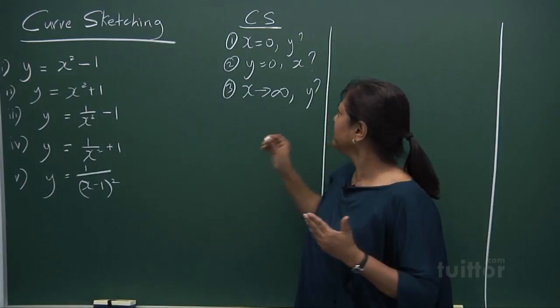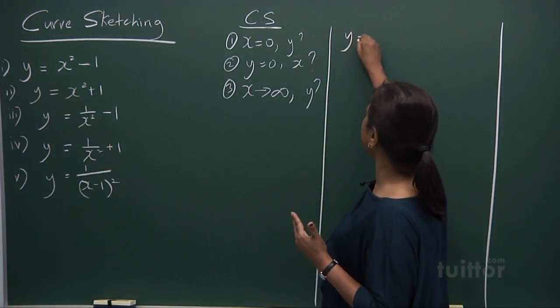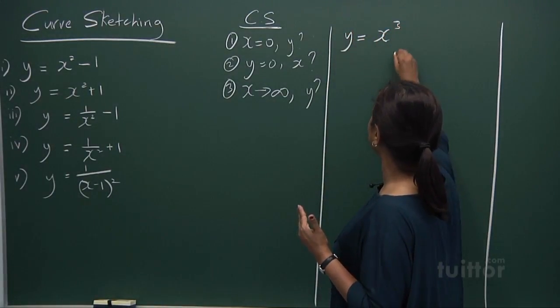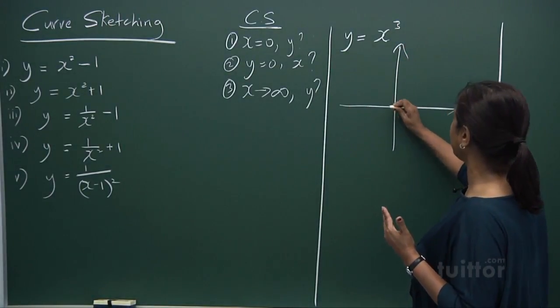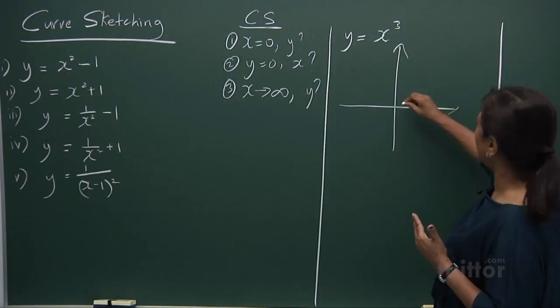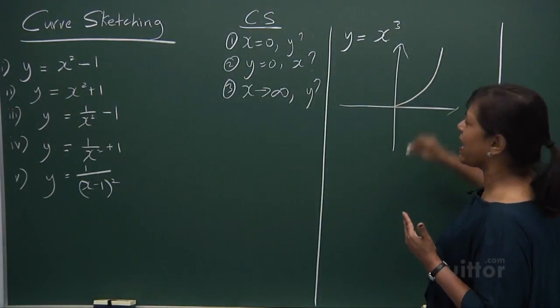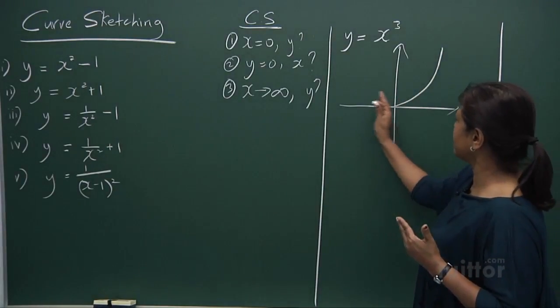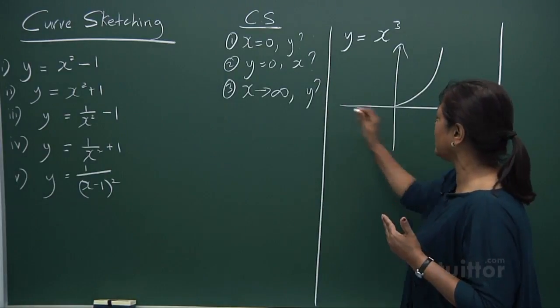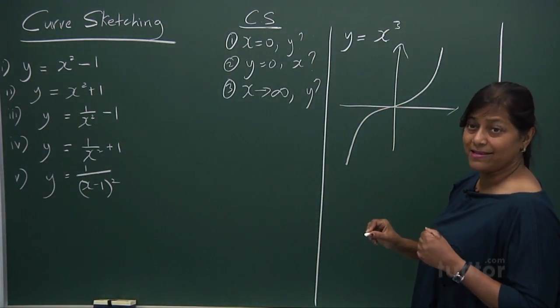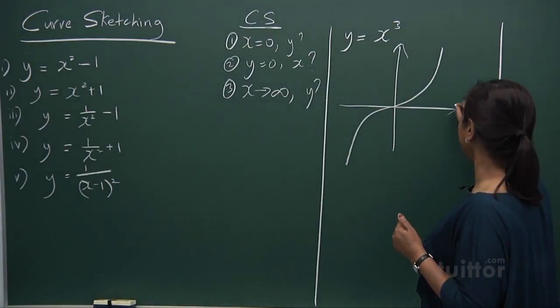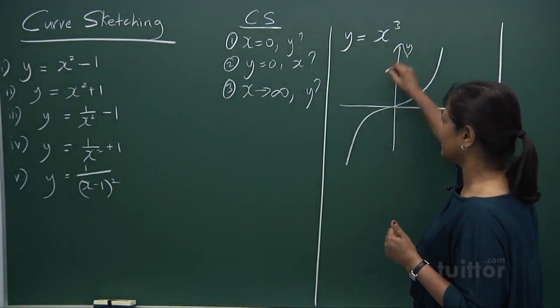Remember we did it? We learned here that when x is approaching infinity, y is also moving upward, and when x is approaching minus infinity, y is approaching minus infinity. That's what we're talking about.